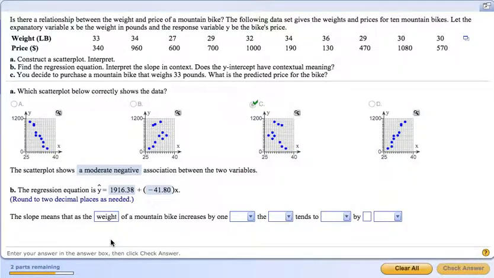So as that weight increases by 1 pound, the cost tends to, again, that negative slope. We're thinking about the slope as being negative 41.8 over 1. So that's where I'm getting the 1 pound for the weight. It decreases by, I took care of the negative already, so I'm not going to write that again, $41.8.